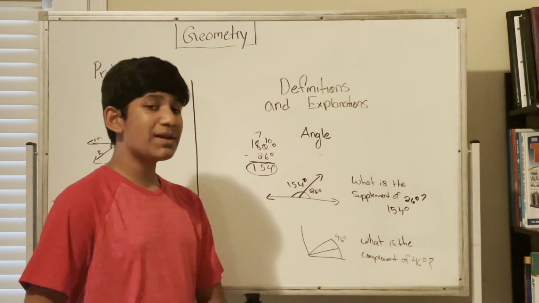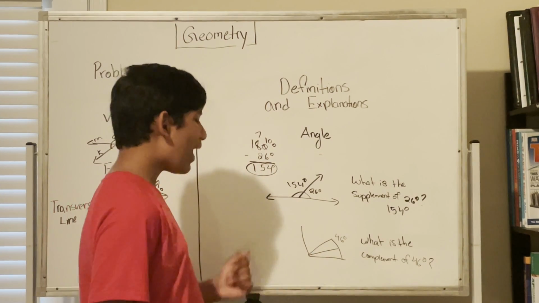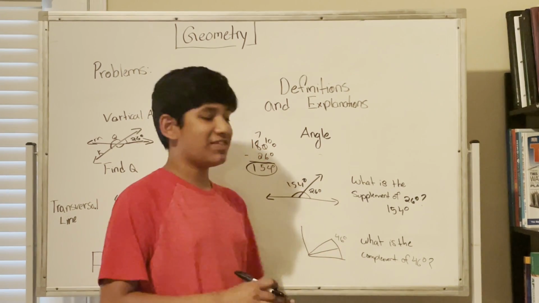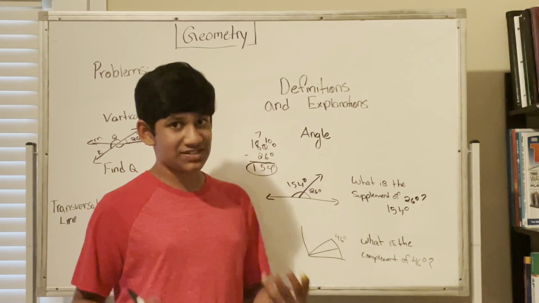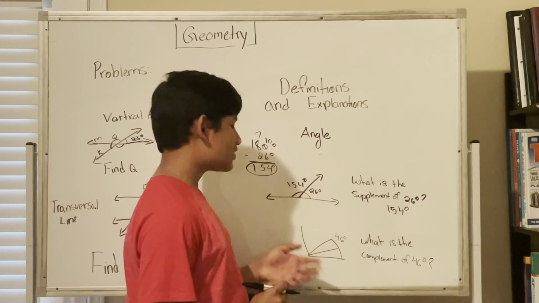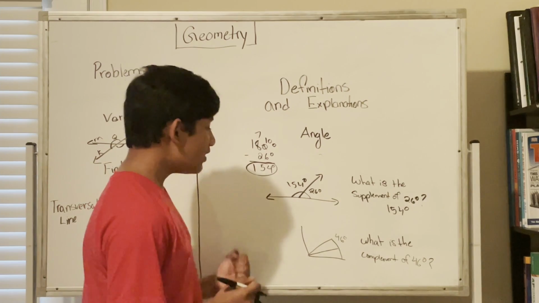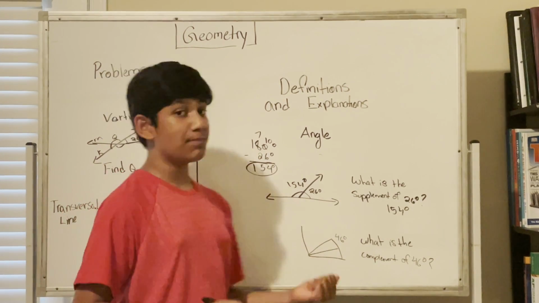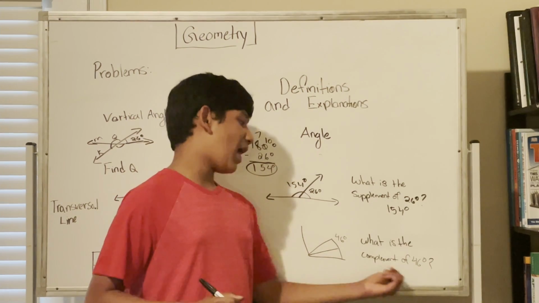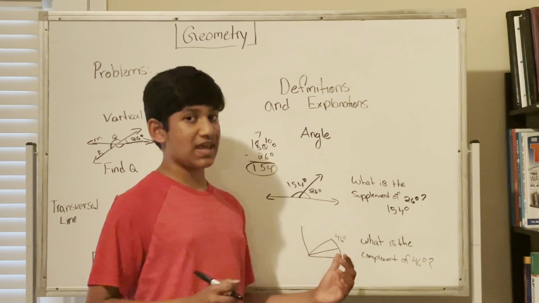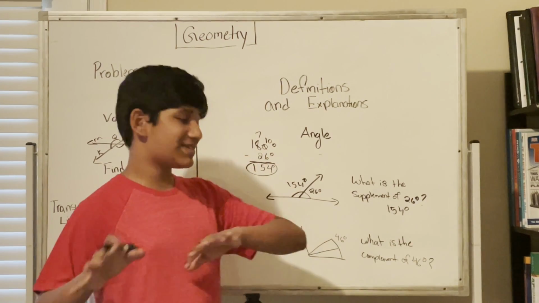What is the complement of 46 degrees? Well, now you may think, well, what are these two angles for? Do they have anything relevant with the complement of 46 degrees? Well, these two angles over here are just to trick the person trying to solve the problem. The reason is because these two angles add up to 46 degrees. We know what they add up to, so we really want to find the complement of 46 degrees. If it's 46 degrees, we don't care about these angles because we just care about 46 degrees.